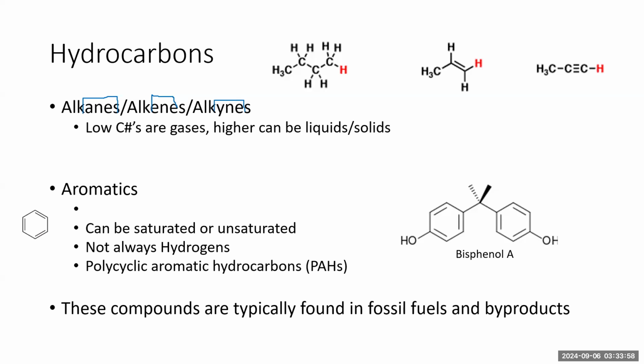Whether you have an ane or an ene or an ine denotes how many bonds exist between a pair of carbons. So when you only have one bond between carbons, so one carbon single bonded to another carbon, that's an ane. So any compound that has ane somewhere in it implies that there's only single bonds.